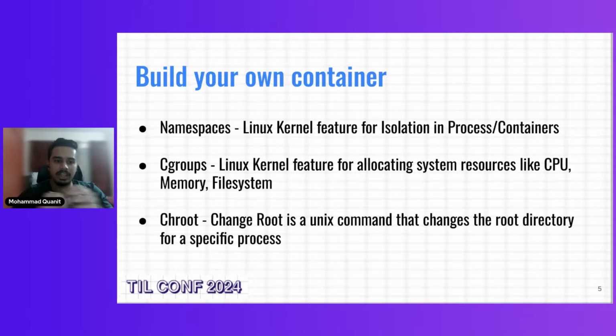One more thing here. In namespaces, there are different kinds of namespaces. I forgot to tell you that we have multiple kinds: PID namespaces, which is process ID, MNT, and network namespaces, right?